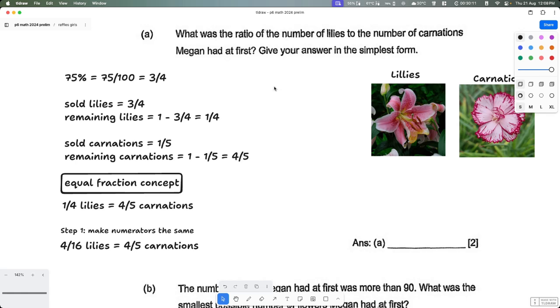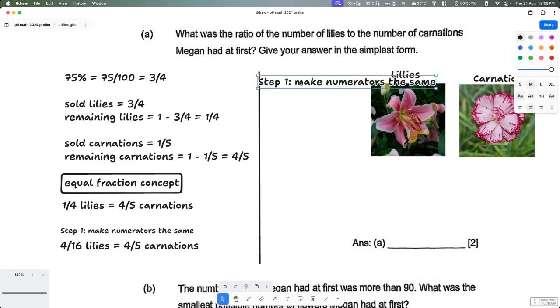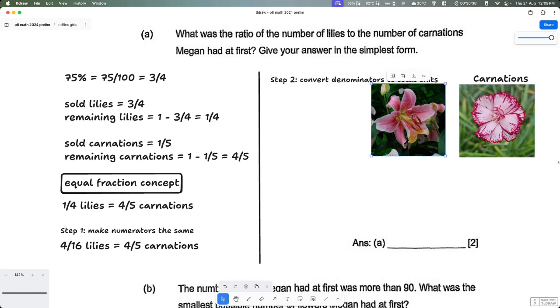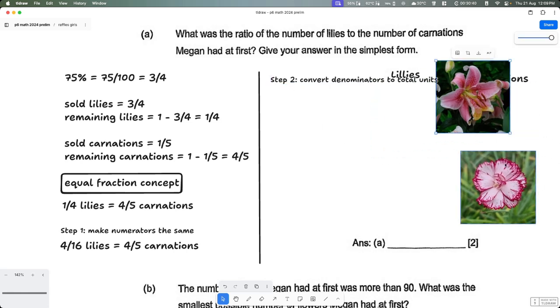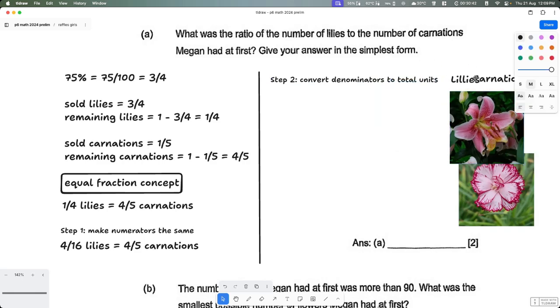All right, so lilies and carnations, what I'm going to do is step 2, make it small. Step 2 is to convert denominators to total units. I'm going to put the lilies and carnations into one column so it's easier, and I have more space.